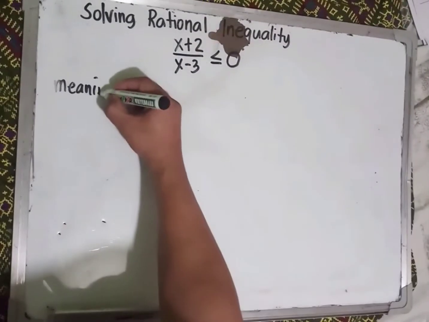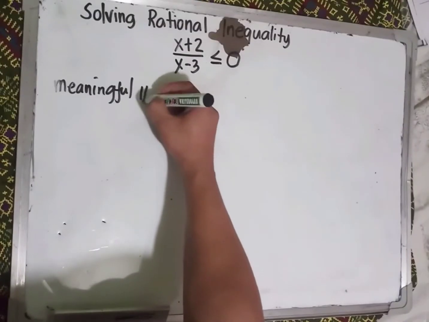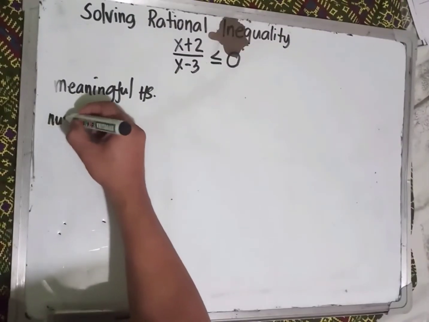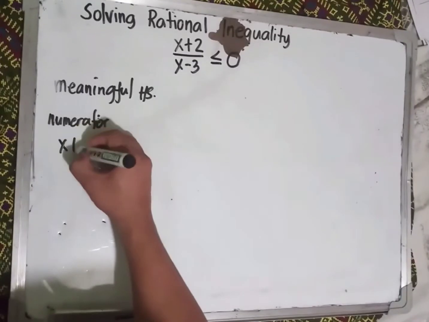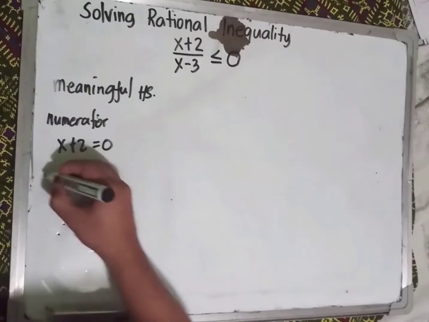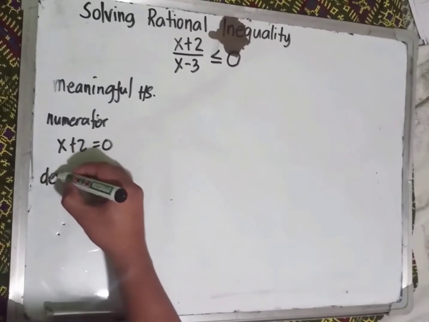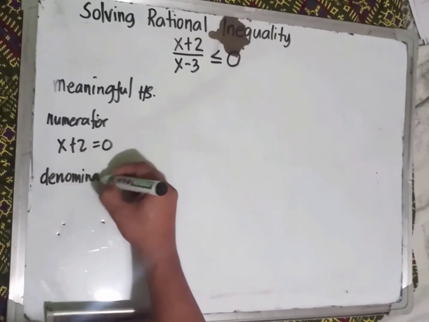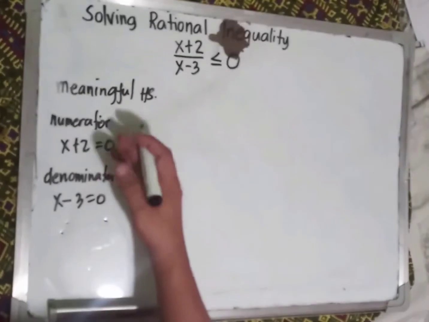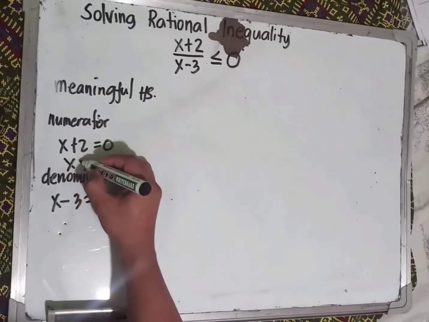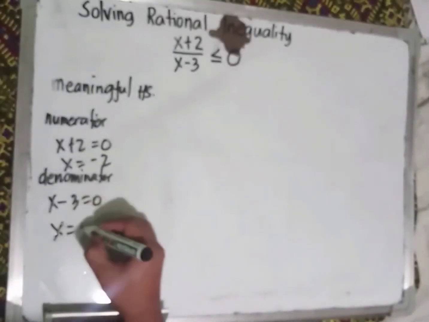So how to find the meaningful numbers? The numerator, x + 2 = 0, and the denominator, x - 3 = 0. When we solve these, the result is x = -2 and x = positive 3.